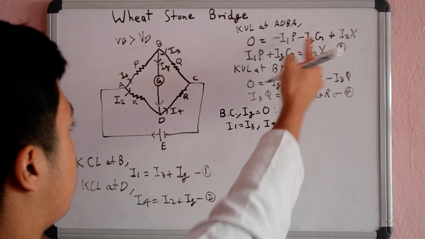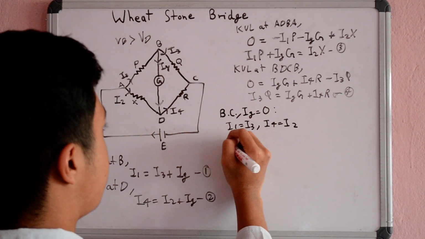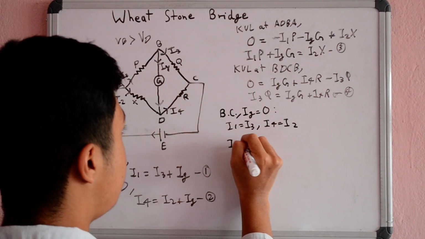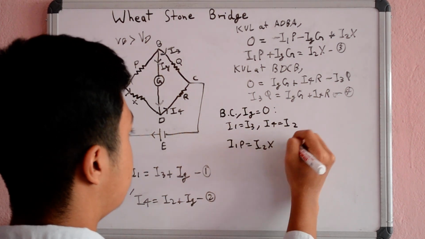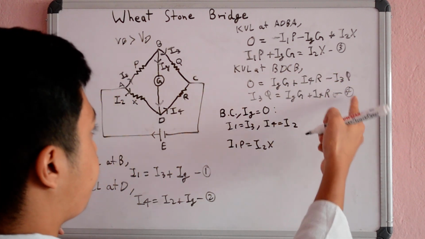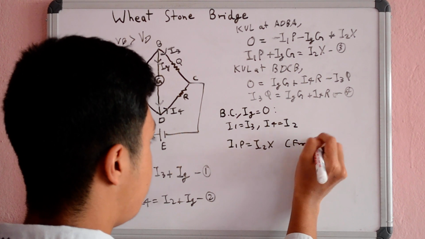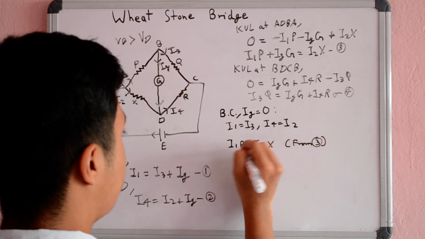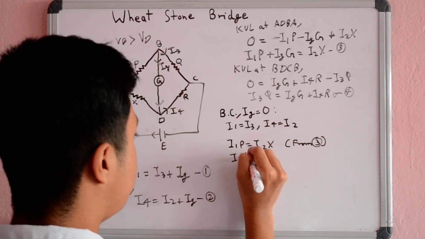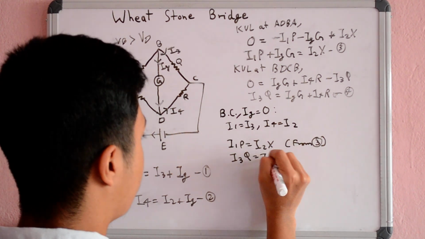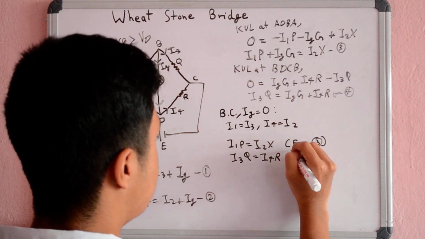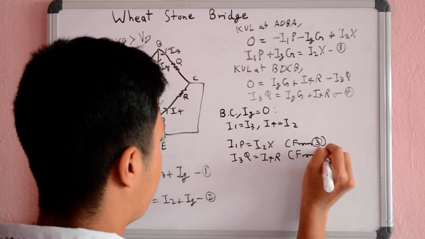and again we can use equation 3. So from equation 3 we will have I1P equals I2X, and again from equation 4, I'll write from 3, and also we'll have I3Q is equal to I4R. This is from 4.